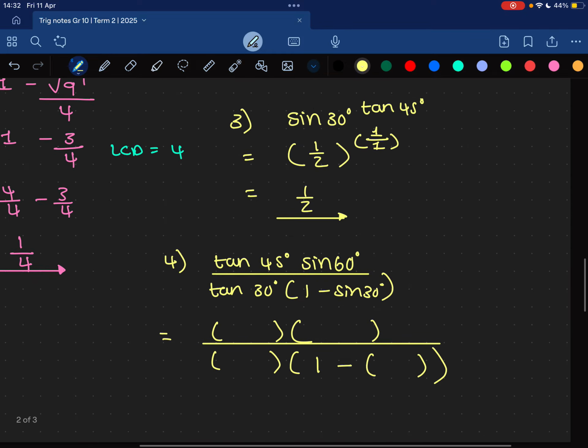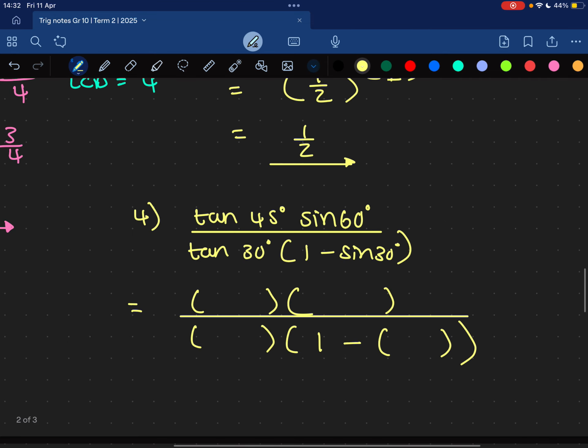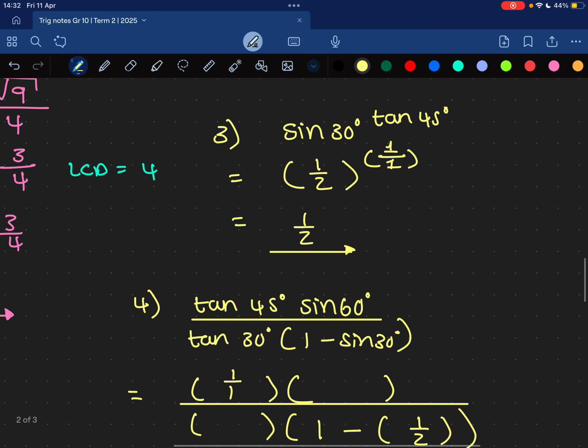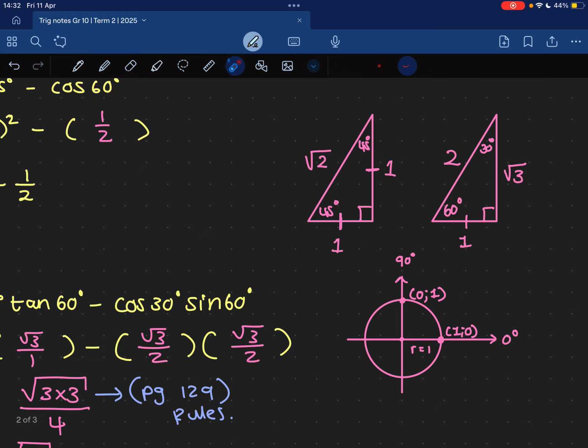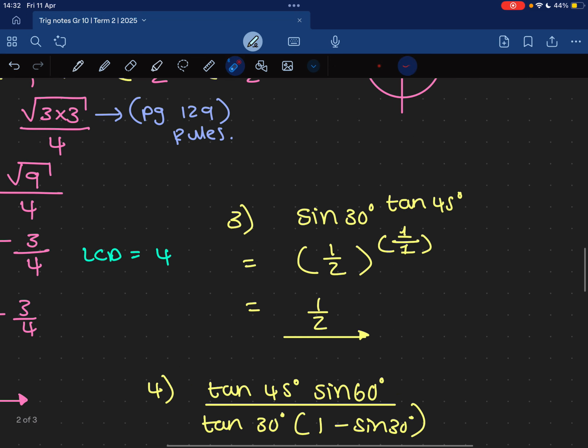Okay, so tan of 45 we've already established is 1 over 1. And sine of 30 we already know is a half. Okay, we did that in the previous one. So tan of 30 degrees, if we go to 30, it's opposite over adjacent, 1 over root 3.